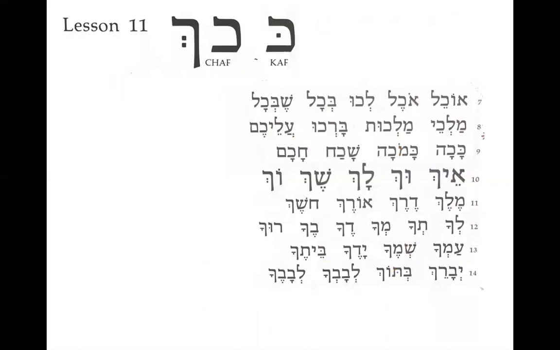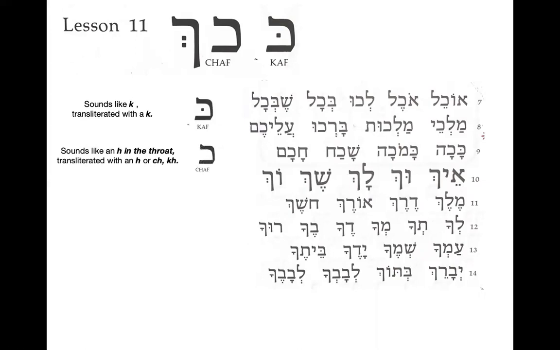In lesson 11, we have one letter, but it's written in different ways. So let's look at the first one, kaf. It has a hard sound because it has a dagesh in the middle. It sounds like a K, transliterated with a K. Then you have chaf. This sounds like an H in the back of the throat, and they will transliterate with an H or CH or a KH.